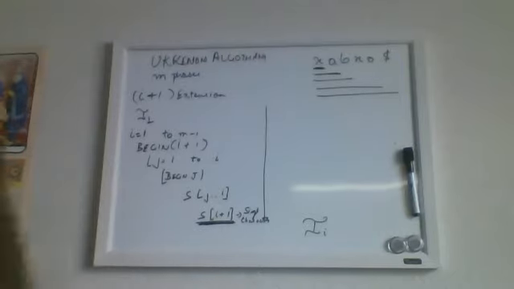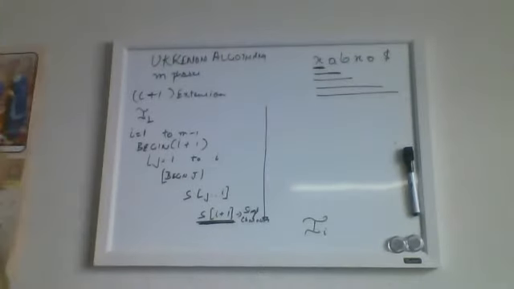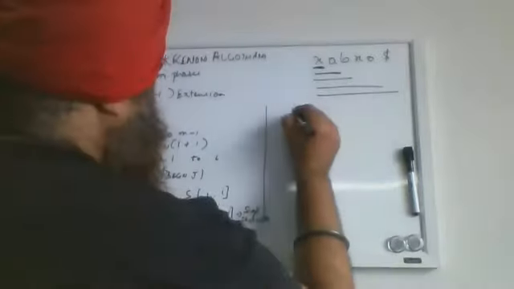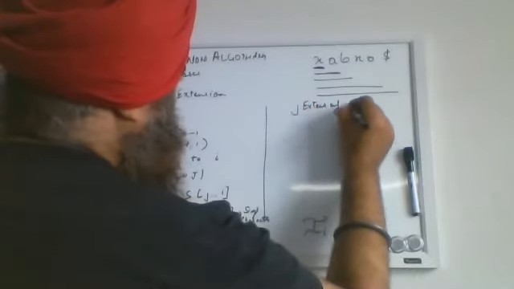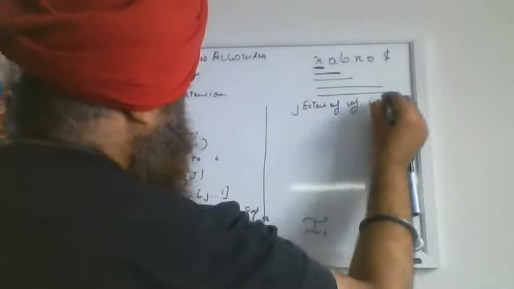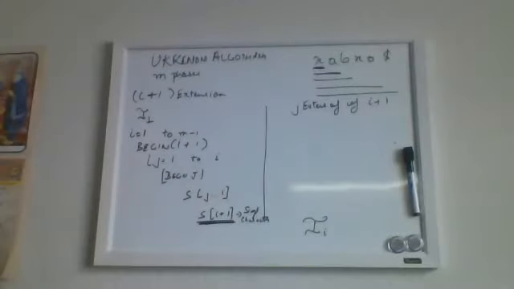So by this pseudocode, we can say what happens in the jth extension of phase i plus 1.